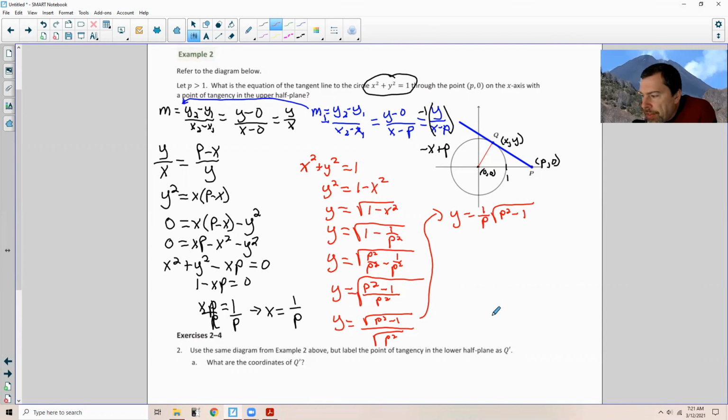Okay, so now we have, this is y, and this is x. So now we have the point 1 over p, comma, 1 over p times the square root of p squared minus 1. So that would be the point right here.